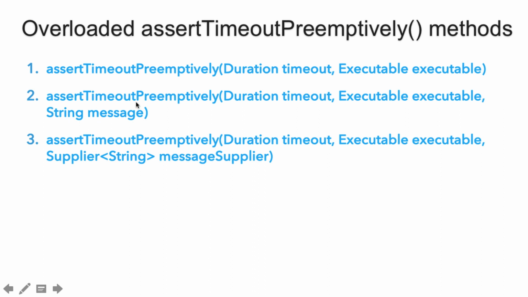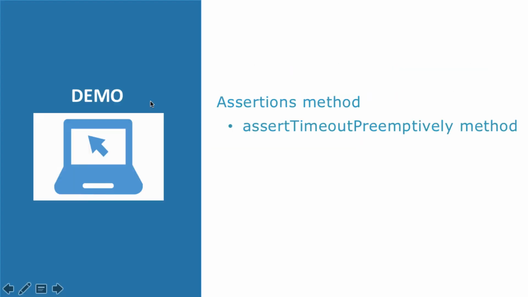But in the second overloaded version, this string message gets evaluated every time, whether our assertion passes or fails. So friends, let's go to Eclipse and see the demonstration of the assertTimeoutPreemptively method.